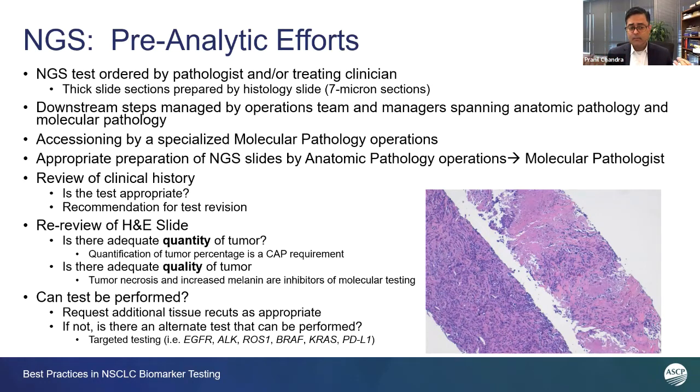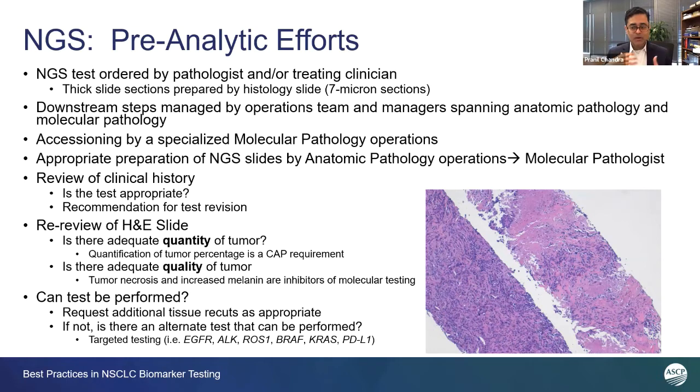The other question that comes up is, can the test be performed? Sometimes you have very limited tissue and you may need to QNS the case, which means rendering a report that says quantity insufficient. Or you may need to cut more sections and get more tissue into your system, or you may need to fall back on single analyte tests because you don't have enough for comprehensive molecular profiling, but you do have enough tissue for single gene tests.